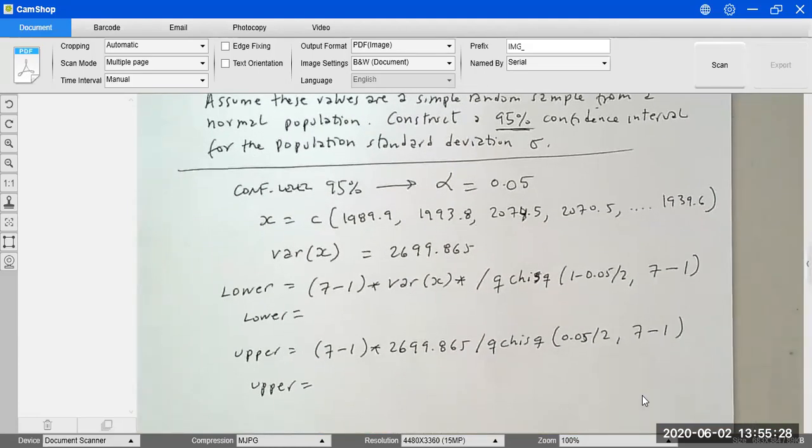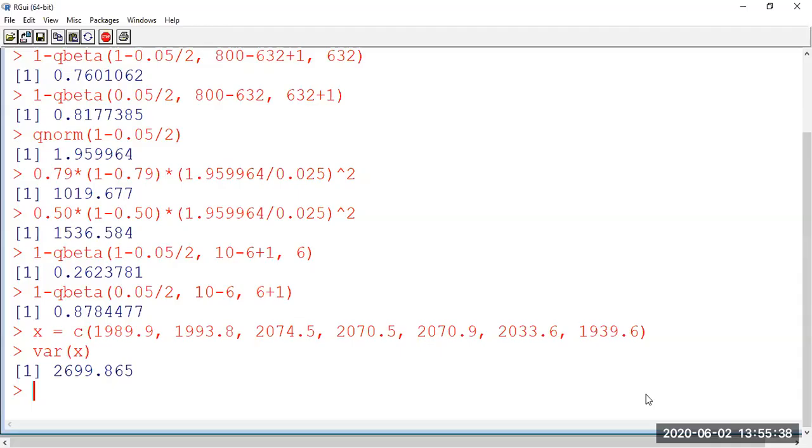So let's work on these two limits first to find the variance, and then in the last step we're going to find the standard deviation. So we're going to write then for the lower limit just 7 minus 1 times, I'm going to use variance of x because I enter a data set. Remember, if you enter a data set, you can do that.